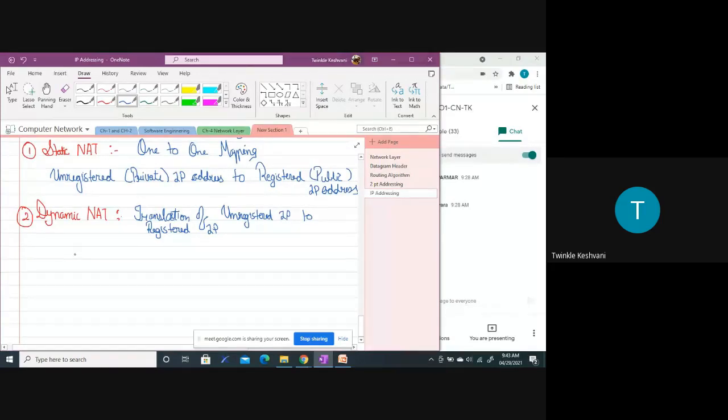So if there is a pool of two public IP addresses, then only two private addresses can be translated.